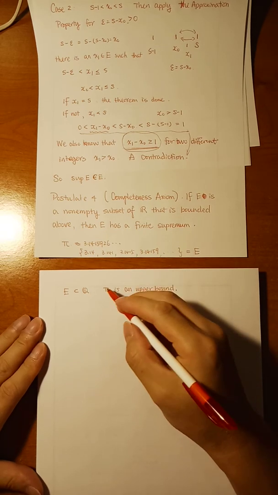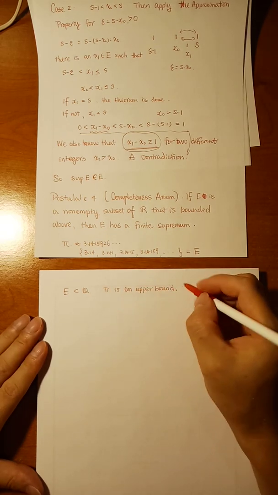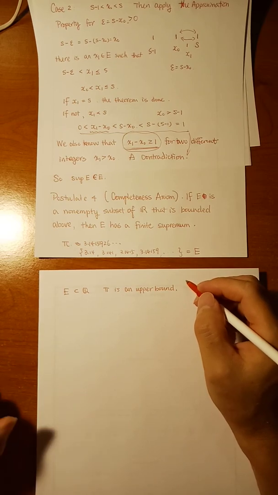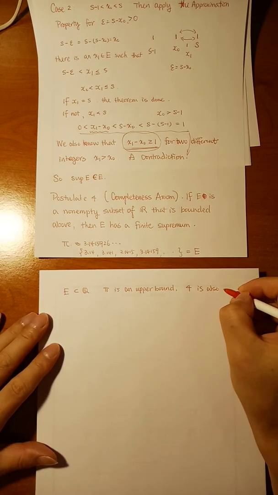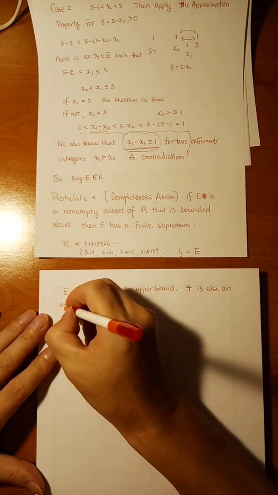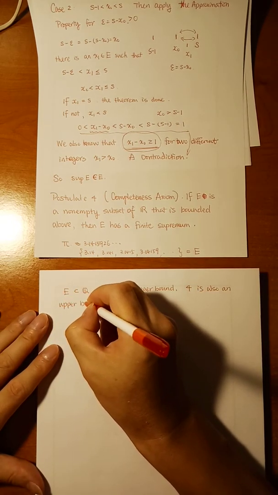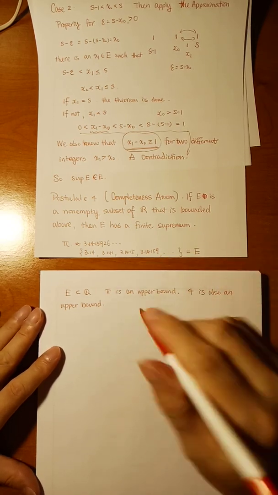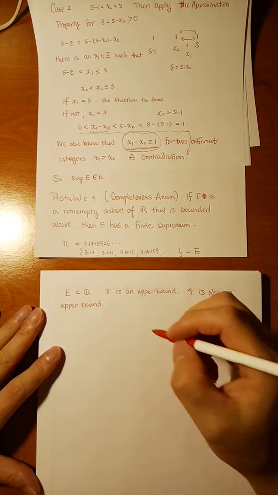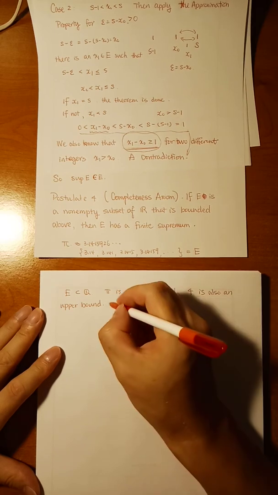Any number greater than pi will be an upper bound. For example, 4 is also an upper bound. But pi actually is the supremum, the smallest upper bound.